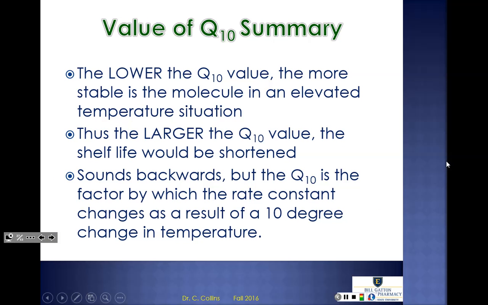So the lower the Q10 value, the more stable it is. The larger the Q10 value, the less stable it is. As opposed to activation energy, the higher the activation energy, the more stable it is.